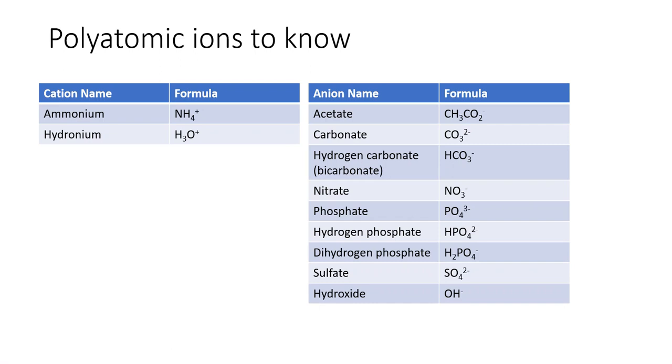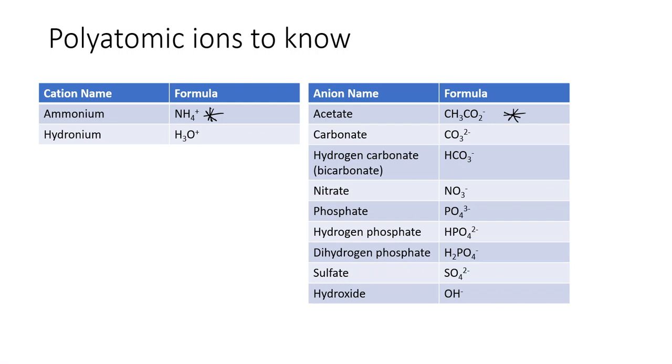So for example, this ion here that we call ammonium, it has 1 nitrogen and 4 hydrogens. Look at all these ions. The acetate ion has 2 carbons, 3 hydrogens and 2 oxygens.